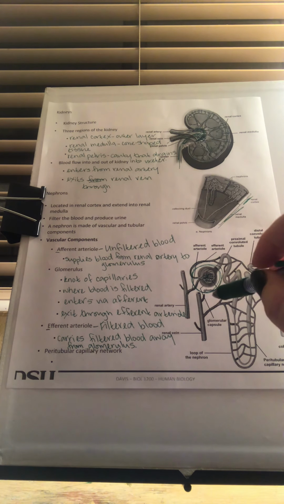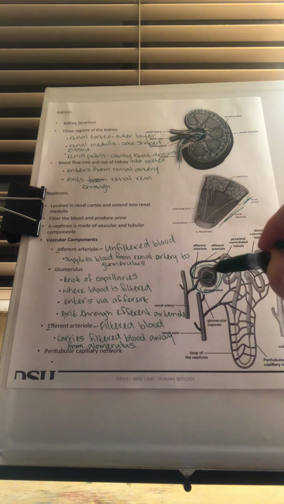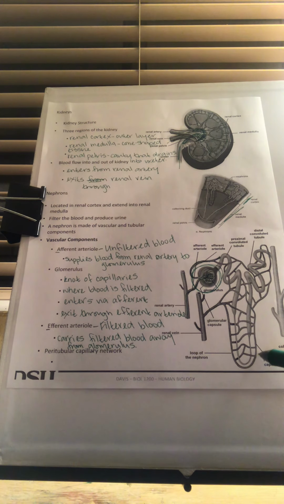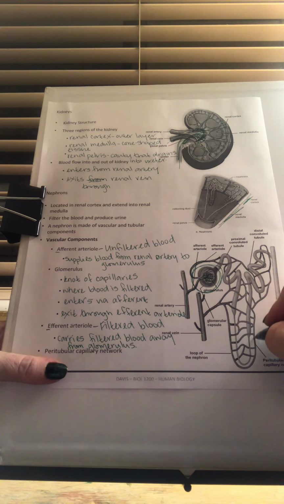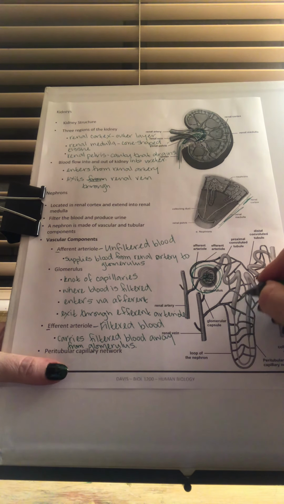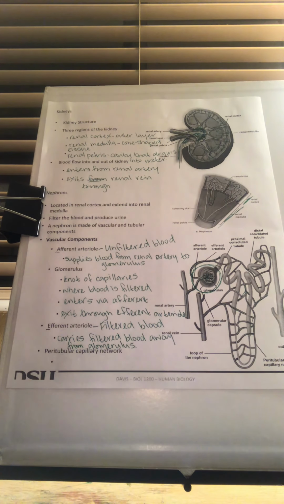Okay, so we have the glomerulus, which is its own little bundle of capillaries, and then they're trying to show here the peritubular capillary network. See how it branches off, kind of goes all different directions. So the capillaries are present all around the tubular aspects, which are there to move urine.